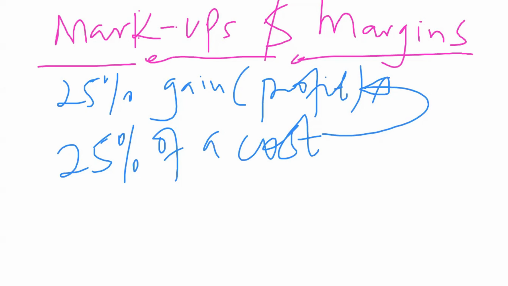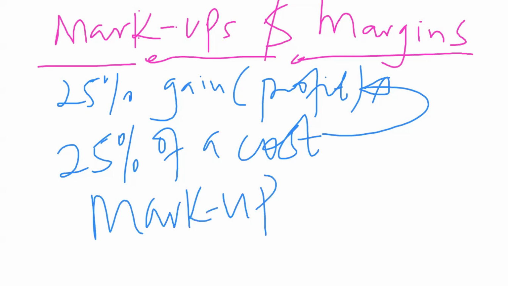So every time that we get a gain based on the cost, we call that the markup. Every time we compute a gain on cost, it means it's a markup.